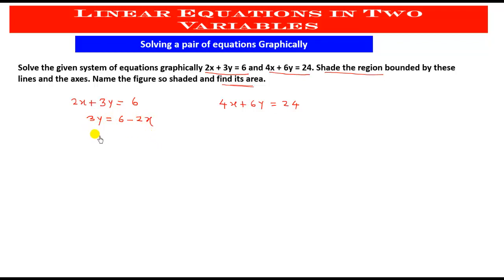Take 3 to the other side, so it will be y is equal to (6 minus 2x) upon 3. Now we will find at least 3 solutions to this equation by assuming at least 3 suitable values of x. So we will write those values in a tabular form.